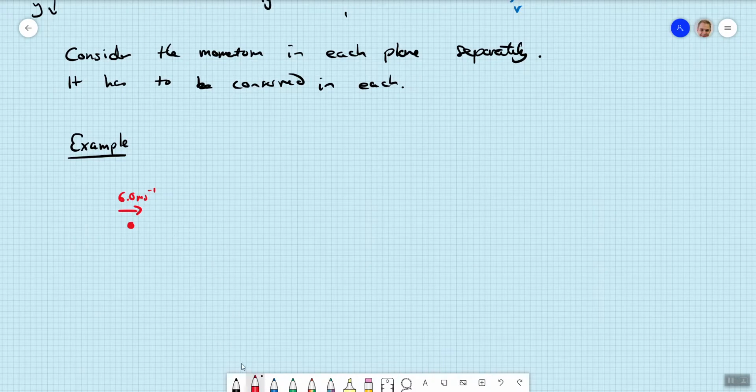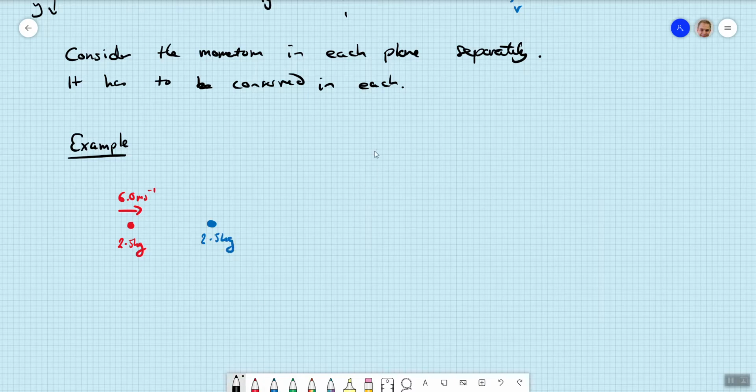It's going to collide with a blue ball which is stationary. We're going to give this one a mass of 2.5 kilograms, and to make it easy, let's make them the same mass. Let's make the red ball also 2.5 kilograms.